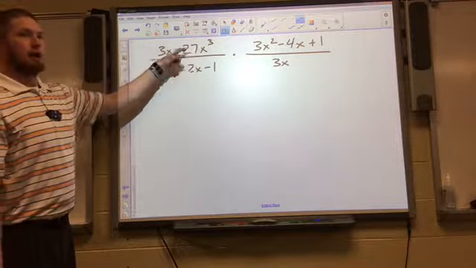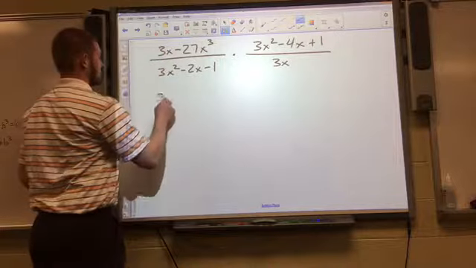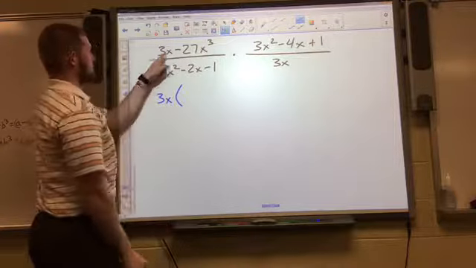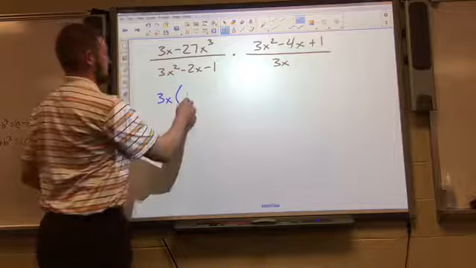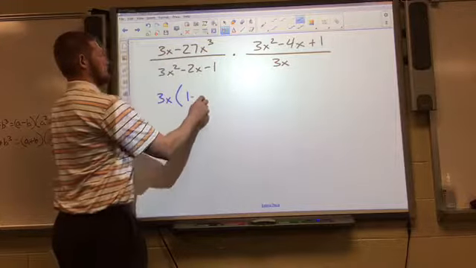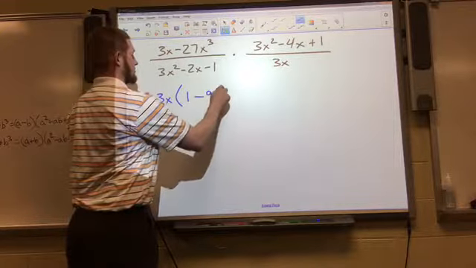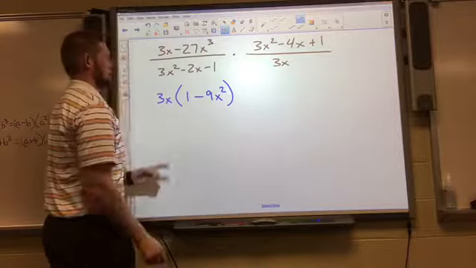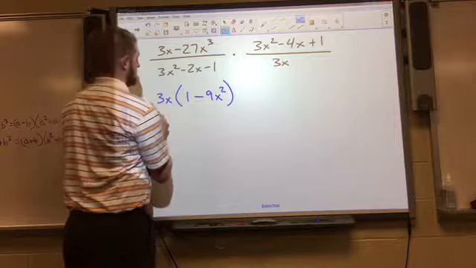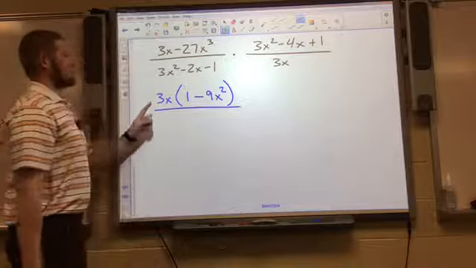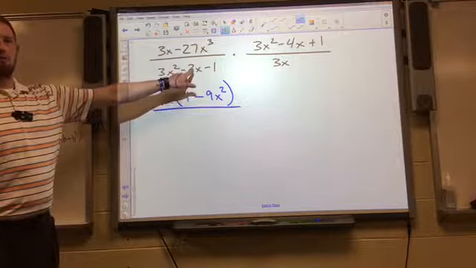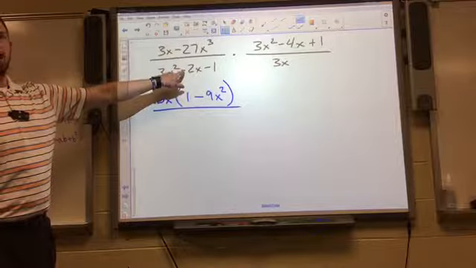An x. So let's take out our 3x, and I'm left with 1 minus 9x squared. Over, now I come to this. This is factorable.